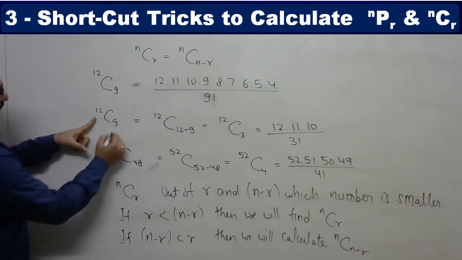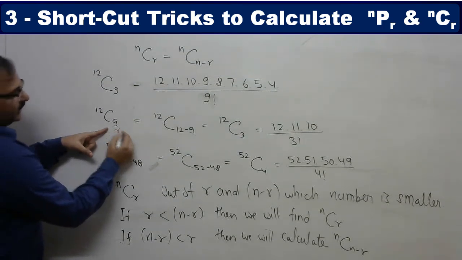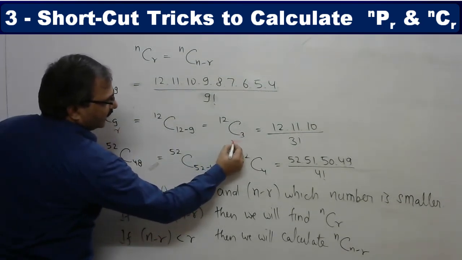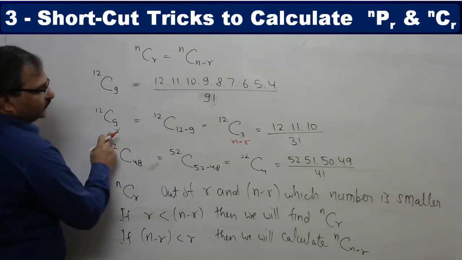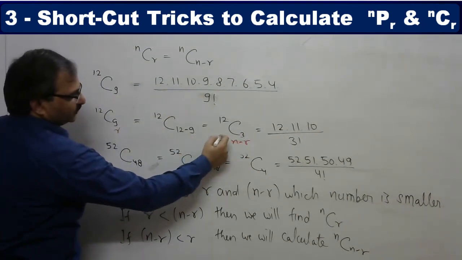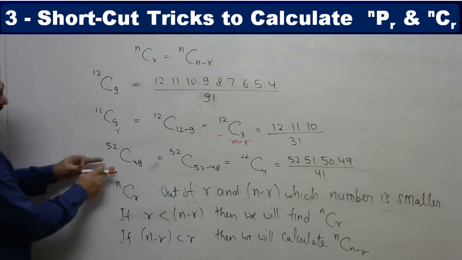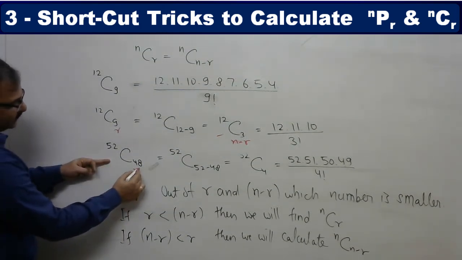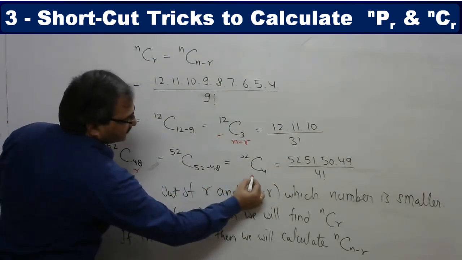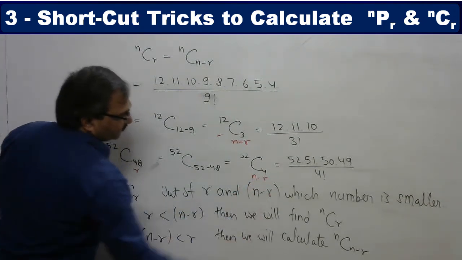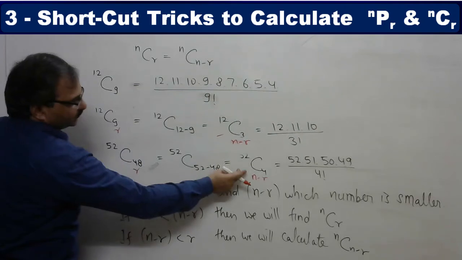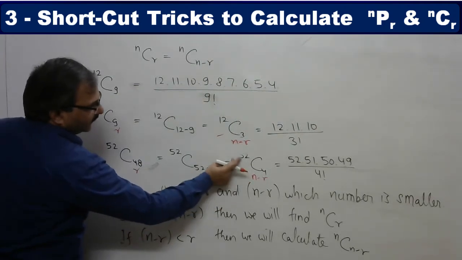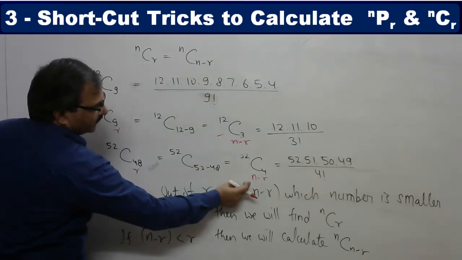So in this example, r was 9 and n minus r was 3, and since 3 is smaller than 9, we used this expression to get the value. Again in this, r is 48 and n minus r is 4, so we have calculated it by using the value of nC(n minus r).